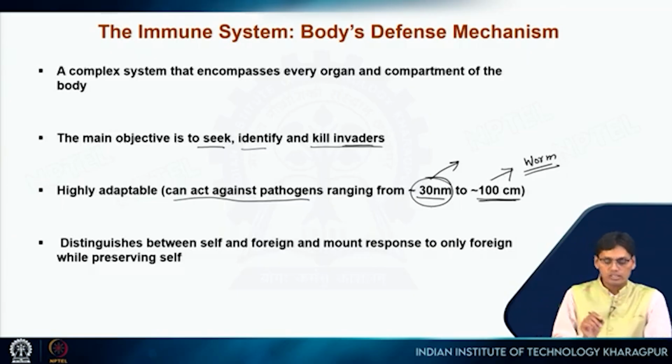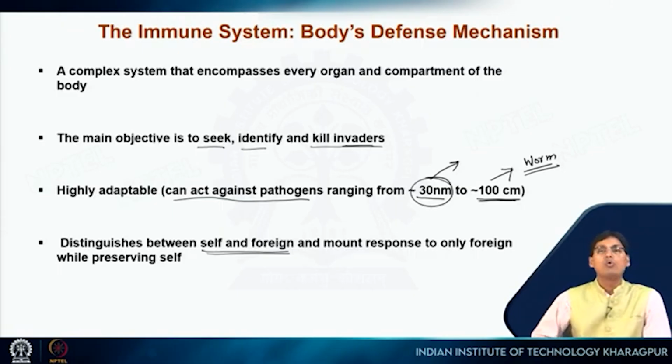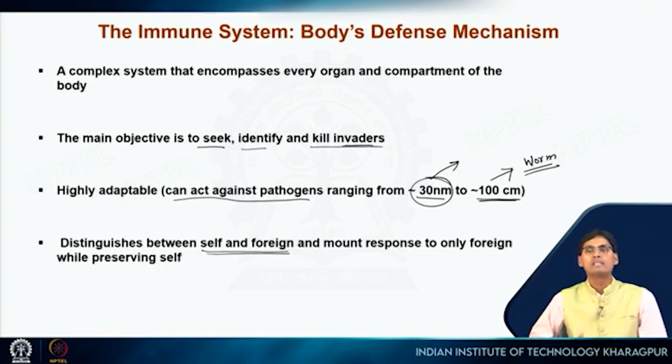And this is the most important thing, I would say, that distinguishes between self and foreign, and mounts a response only against foreign while preserving self. So our immune system should not act against our own body parts, our own molecules present in our body, physiologically relevant molecules.